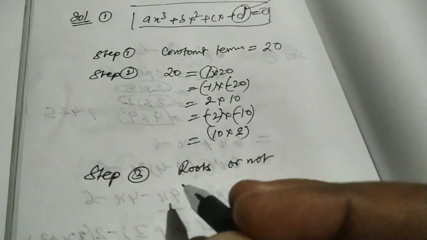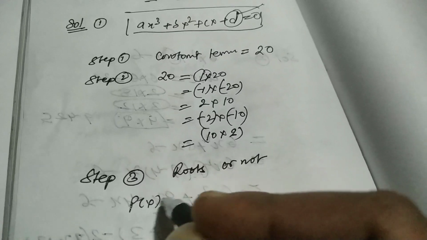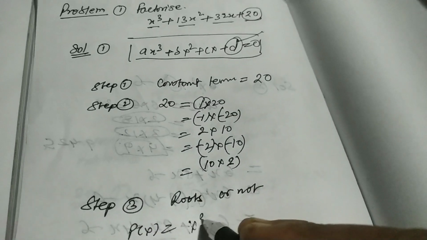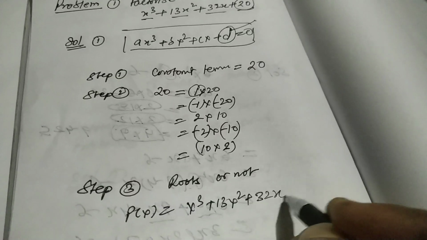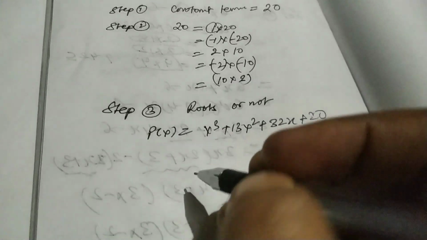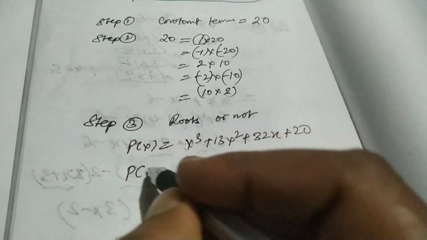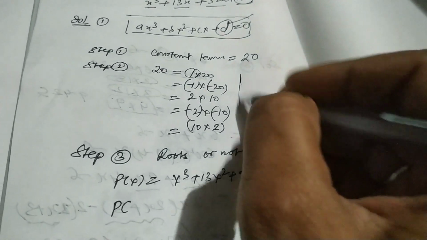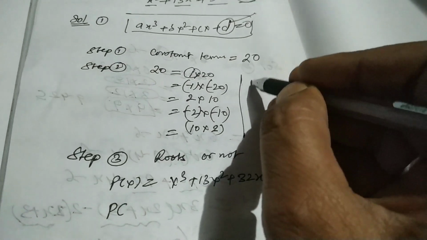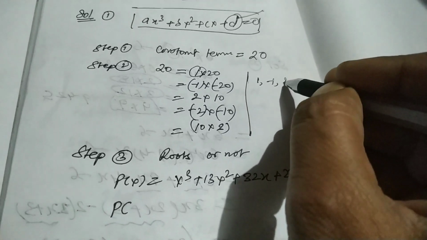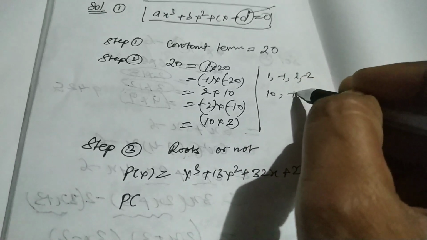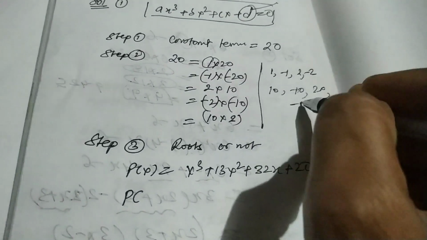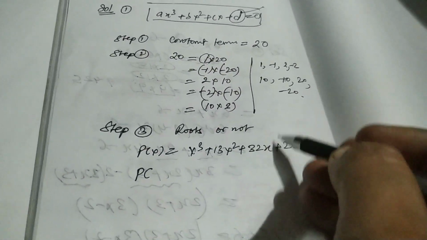So we have the polynomial p(x) equal to x cube plus 13x square plus 32x plus 20. Let's check it one by one.